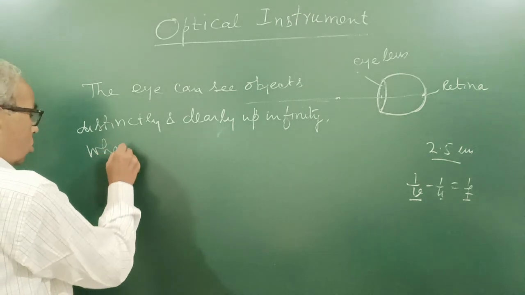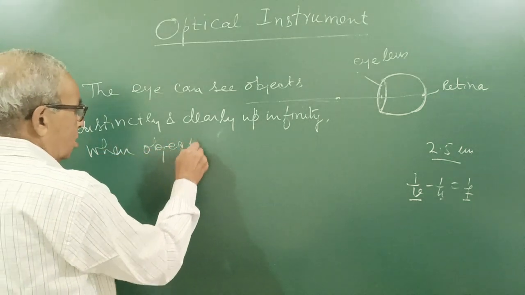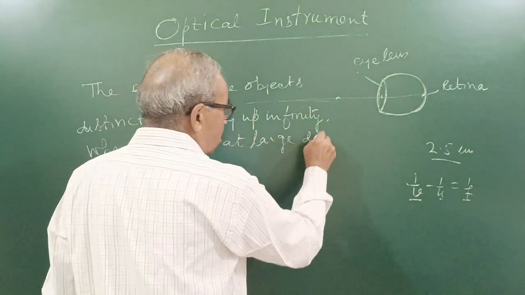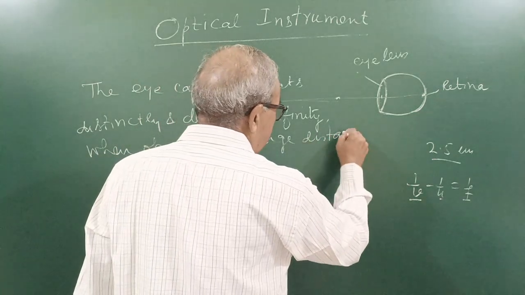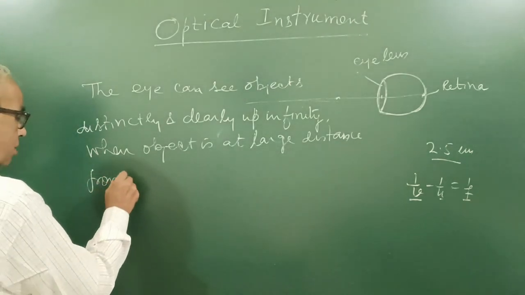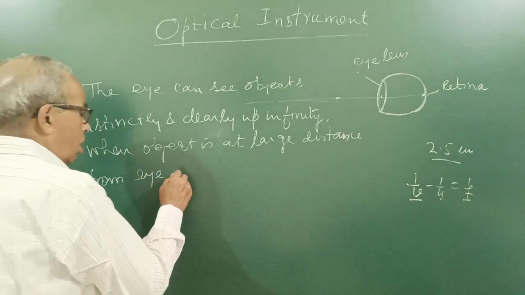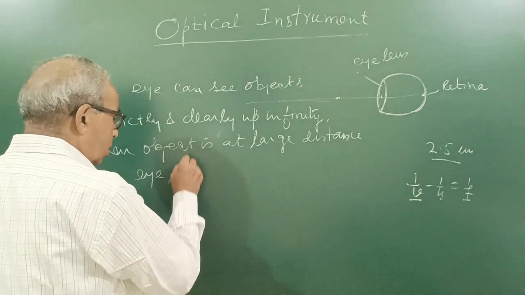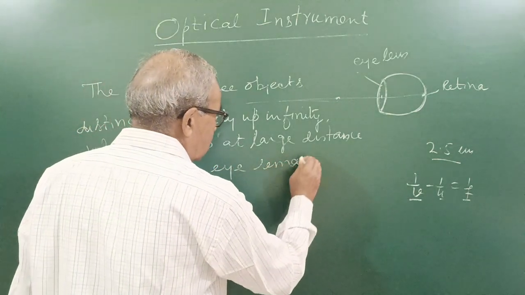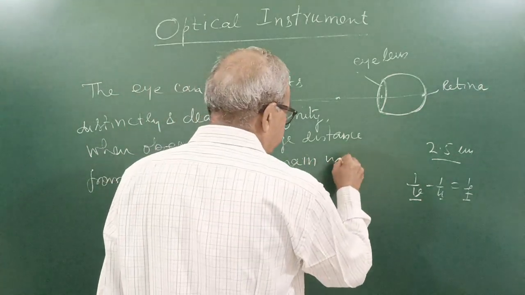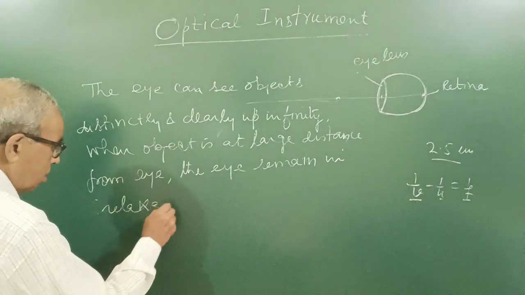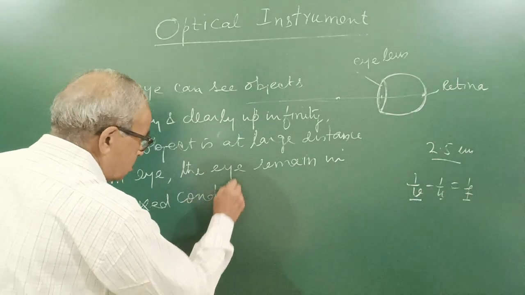When the object is at a large distance from the eye, like you say infinity, the eye remains in relaxed condition.